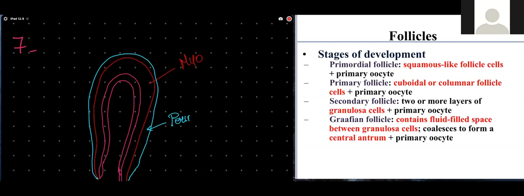So we're going to call this the perimetrium. Peri means around, metrio is uterus. So you've got inside the uterus the endometrium. The muscle layer of the uterus is the myometrium, and the layer surrounding the uterus from outside is the perimetrium.